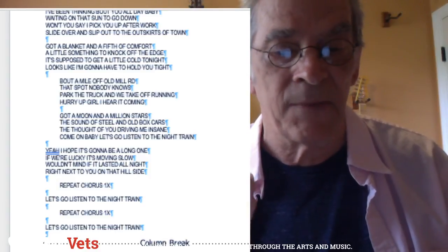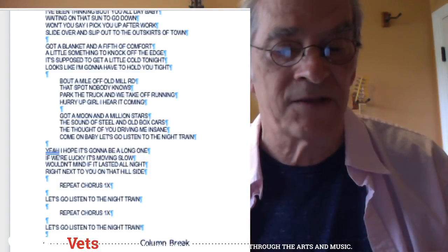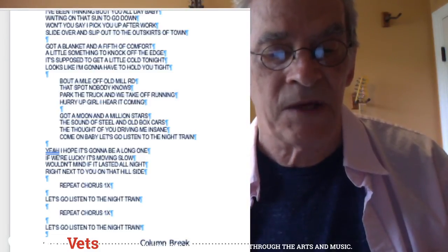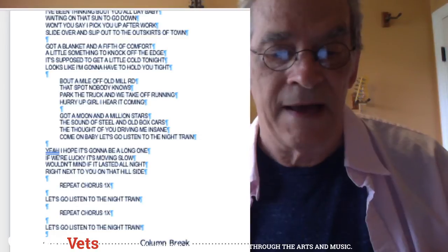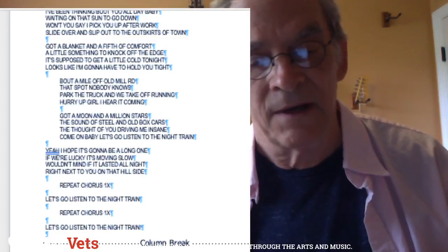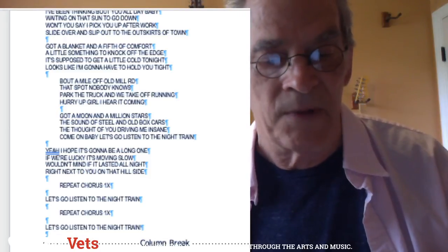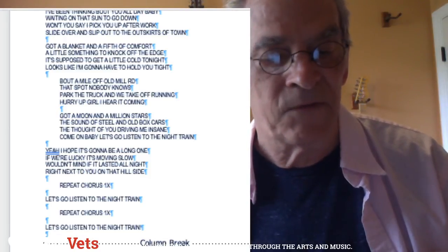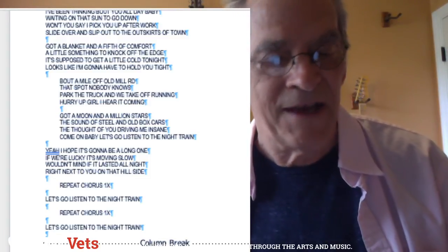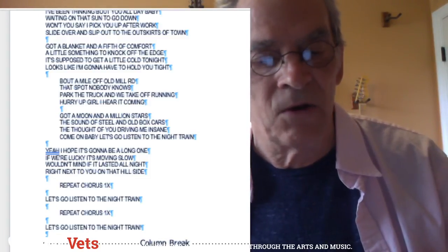I've been thinking about you all day, baby, waiting for that sun to go down. Won't you say I pick you up after work? We'll slide over, slip out to the outskirts of town. Got a blanket and a fifth of comfort, a little something to knock off the edge. It's supposed to get a little cold tonight.